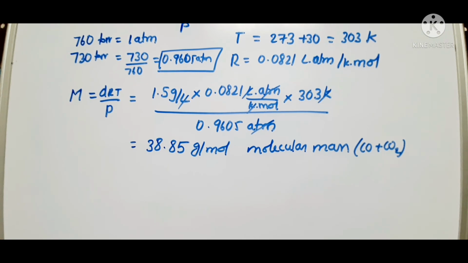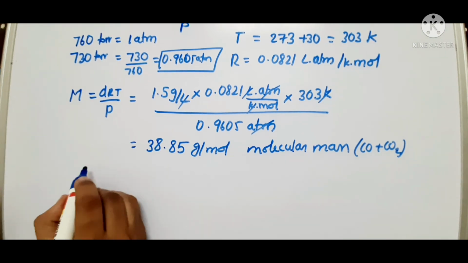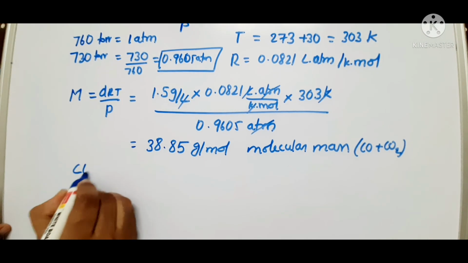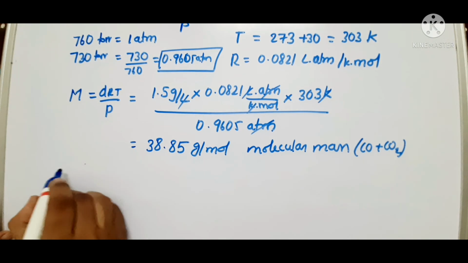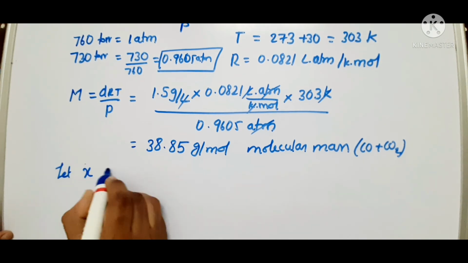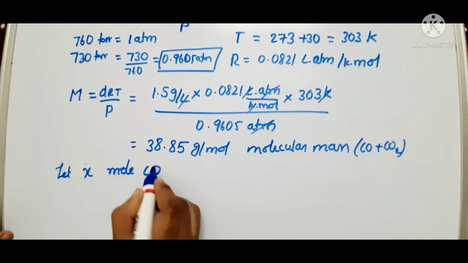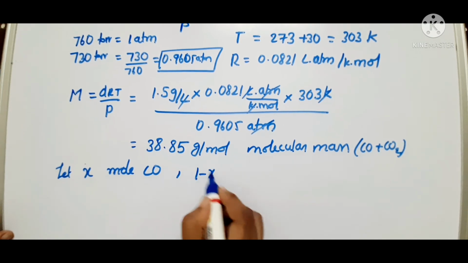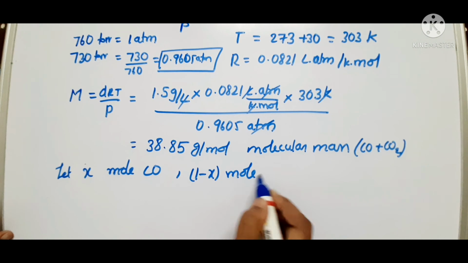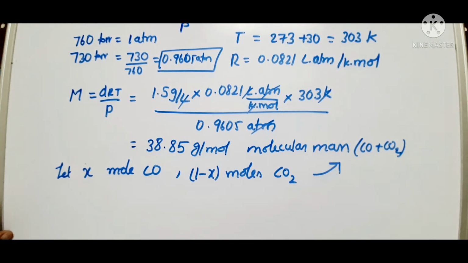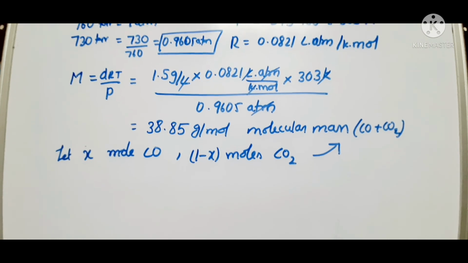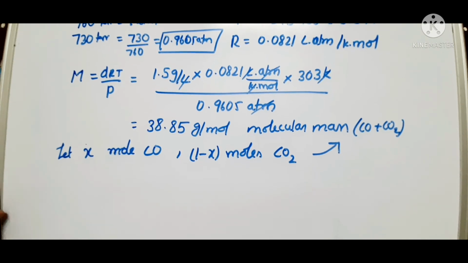Let us say X moles of CO is present in the mixture and 1 minus X moles of CO2 is present in this mixture. You have to find out the percentage of each.